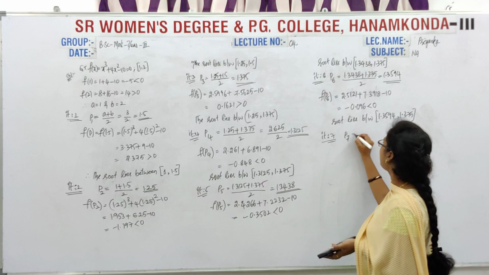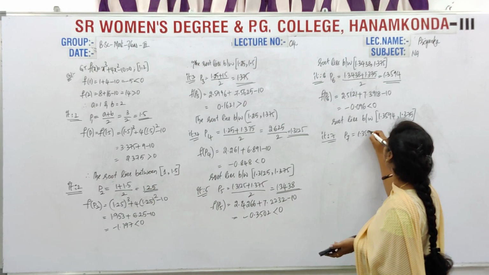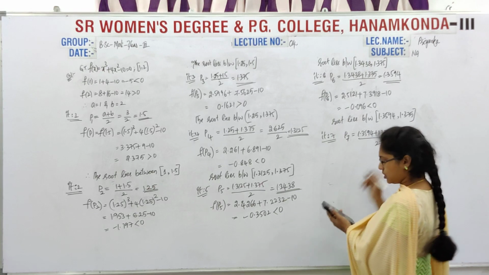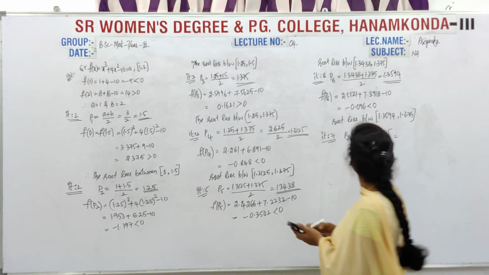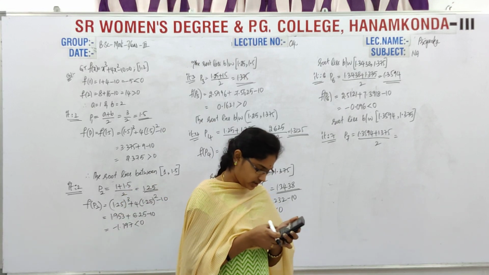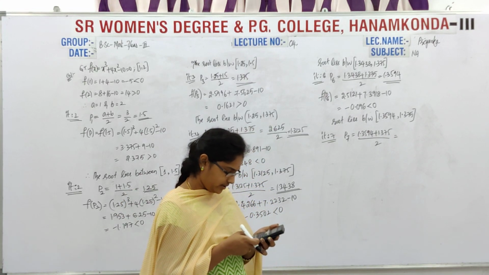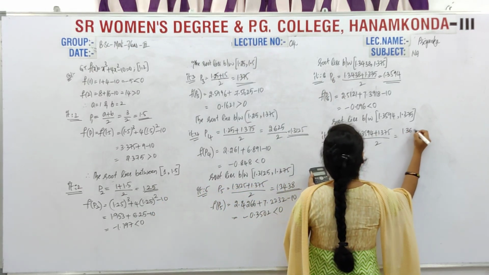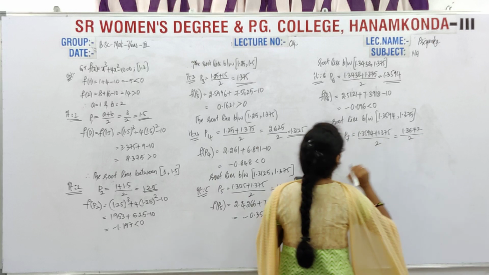Okay, next iteration number is 7. Now P7 equals (1.3594 + 1.375)/2. So now here 1.3594 plus 1.375 whole divided by 2. So now it is 1.3672.